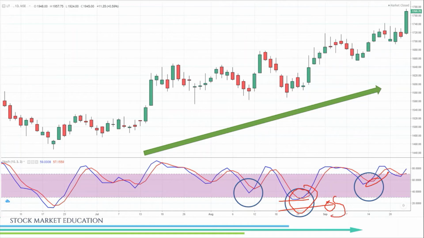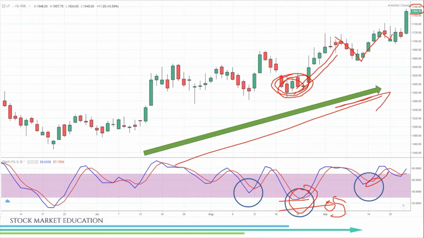This is the oversold territory and it is giving a buy signal. So this particular price action can be considered for going long, and then you can see the price has gone up to 1780 levels, and this was in 2021, I think. You can just go and check the charts of Larsen and Toubro.